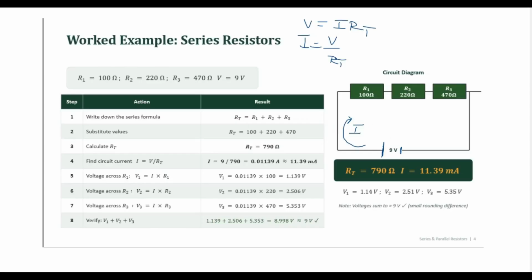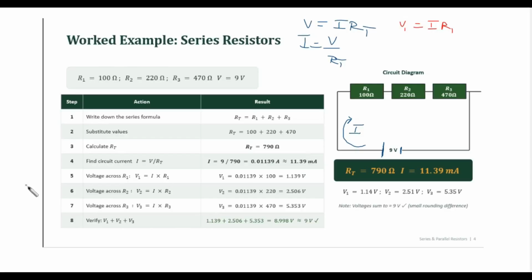Now we can apply Ohm's law individually to each resistor. For the first resistor, let's call it V1. V1 is going to be equal to the current flowing multiplied by R1.